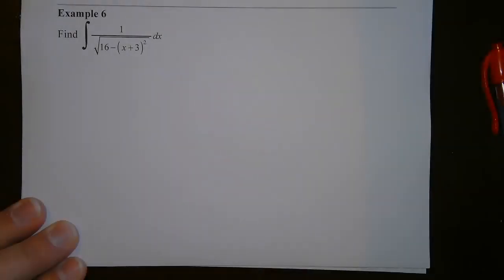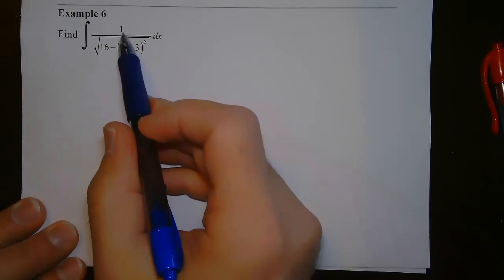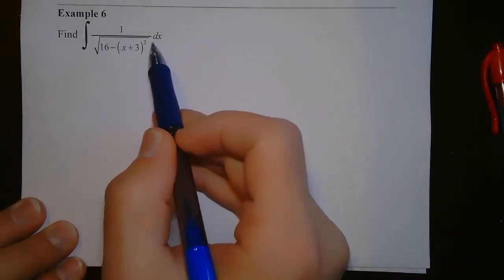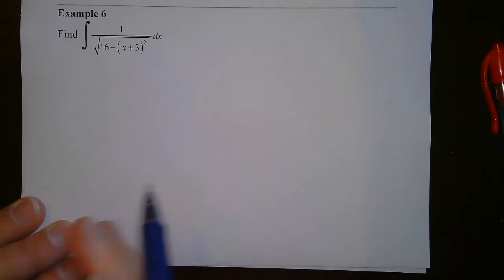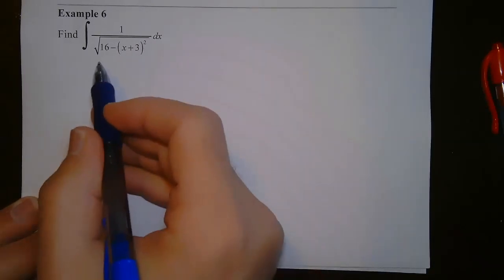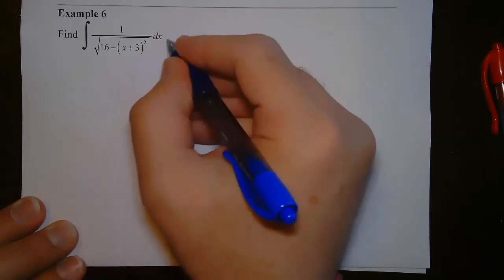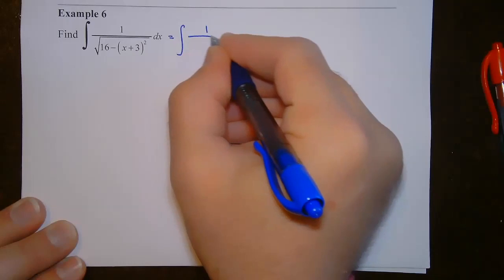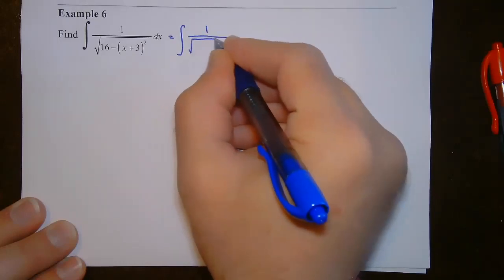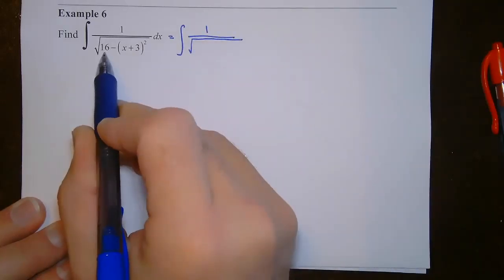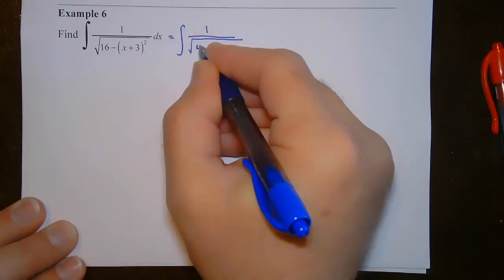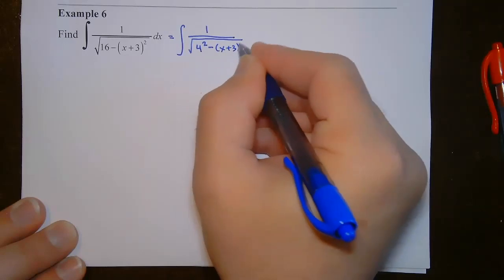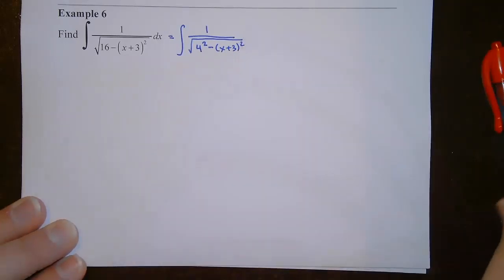So for example 6, we want to integrate 1 over the square root of 16 minus x plus 3 squared dx. Again, it's recognizing it's of that form, the square root of a squared minus u squared. So this is the integral of 1 over the square root of 4 squared minus x plus 3 squared, since 16 is 4 squared.